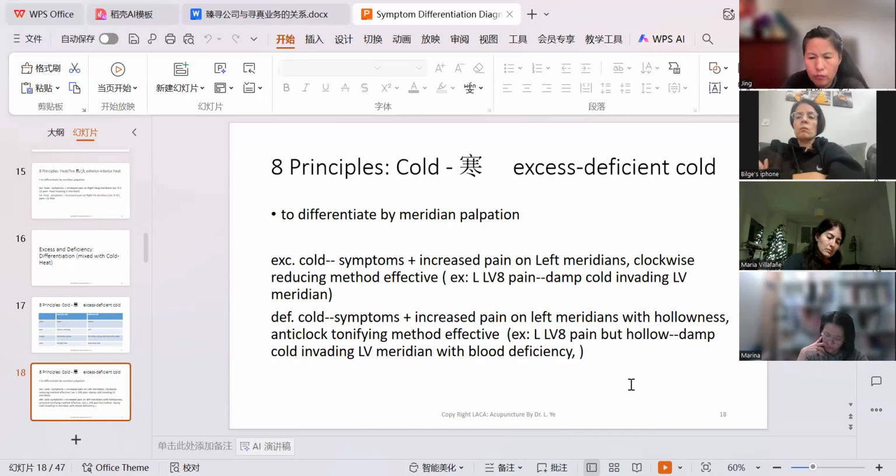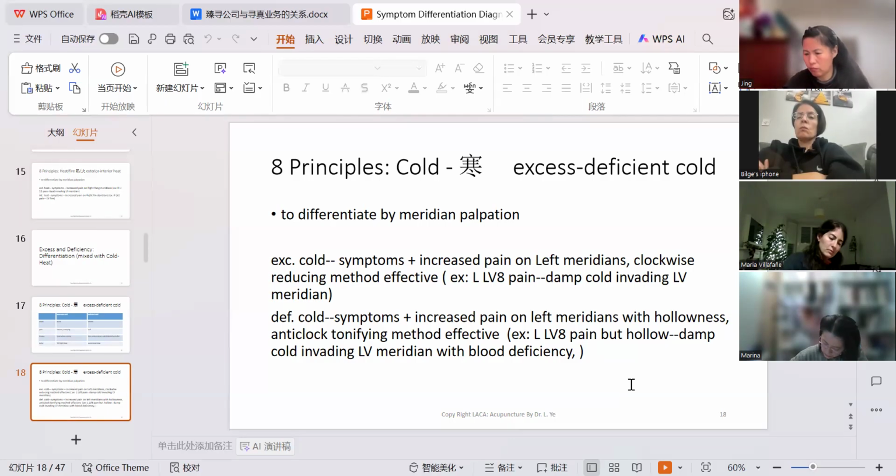You can use another diagnostic method with meridian palpation: just do clockwise or anti-clockwise massage on the point. If clockwise massage to reduce works, that indicates excess, which needs reducing. If a tonic anti-clockwise massage gets the symptom better, then this is deficiency. It's as simple as this.